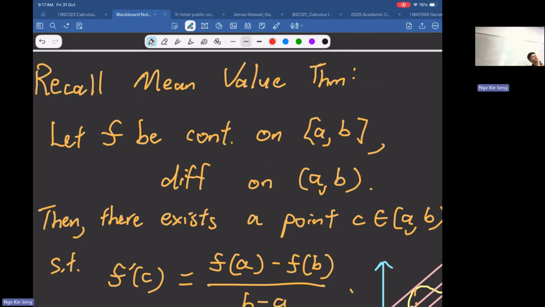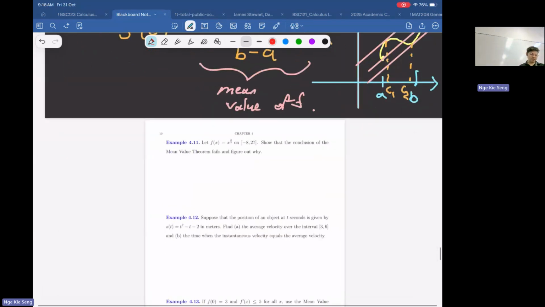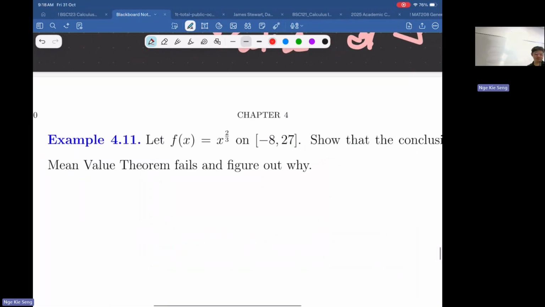So what do you think? Which condition could be false? Both false, or one of them? If one of them is false, which one? Do you think continuity will be false? This is the square of a cube root. If you take the cube root first, then square it, that is fine.